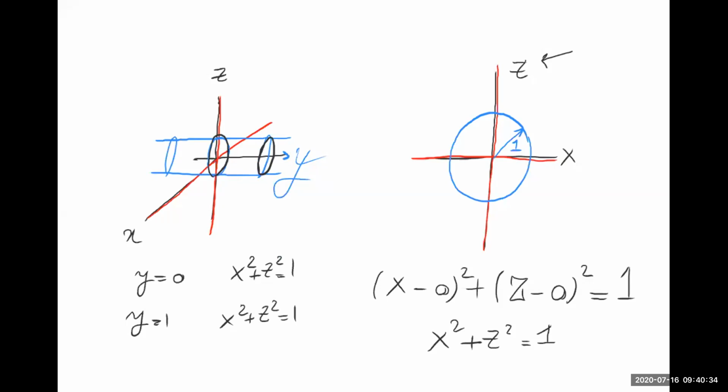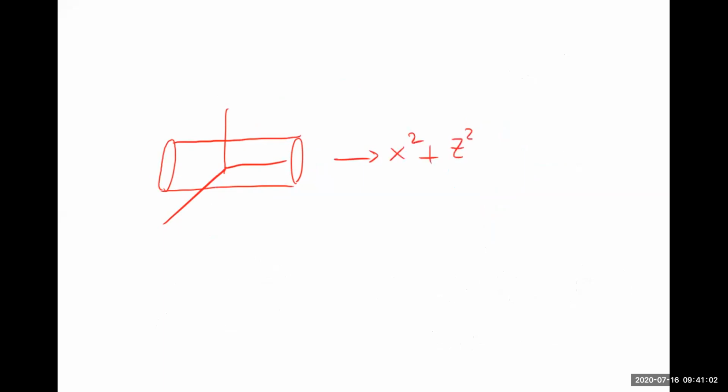If y is anything else, we still have the same circle. So the equation of this cylinder, independent of y, is x squared plus z squared equals 1. So if we have this cylinder here, the equation is x squared plus z squared equals 1.